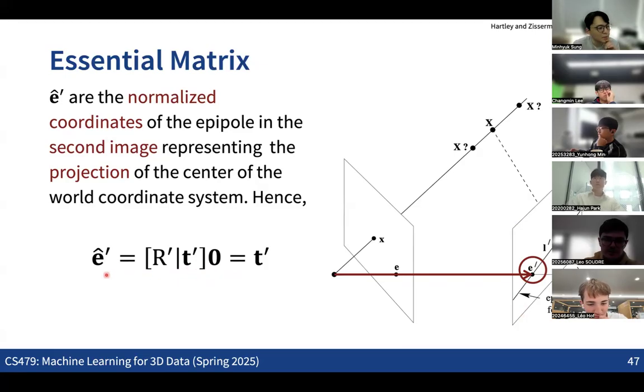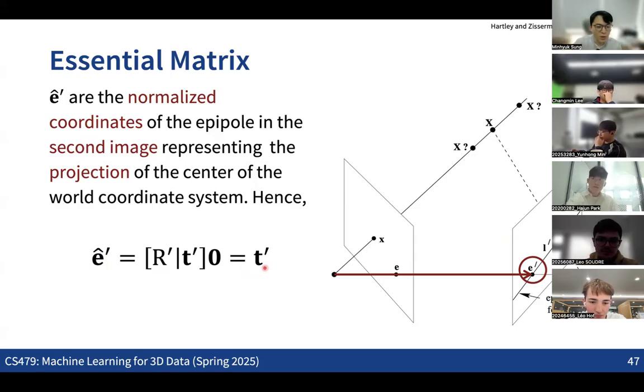This should be the same as the epipole here. Make sense? So from this, we can see that the translation part of the second image should be the same as the epipole of the second image. So we don't need to calculate the epipole of the second image; it is basically the same as the translation here.